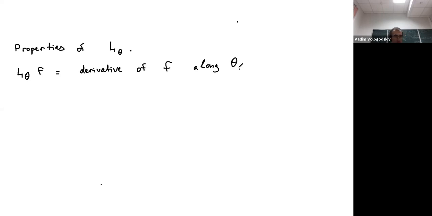Very good. So you have a manifold, you have a vector field, and you can differentiate a function along a vector field just by definition. You can identify vector fields with derivations of the algebra of functions. So this is one.